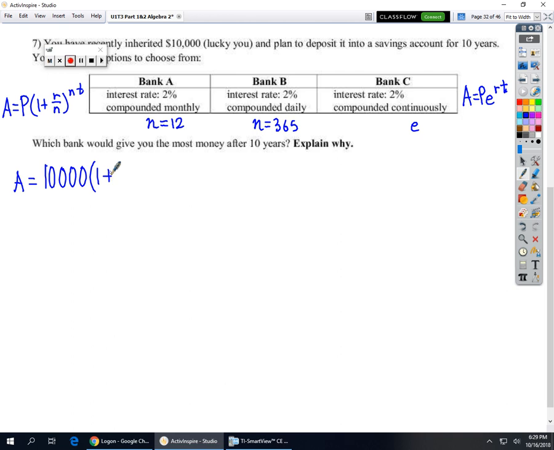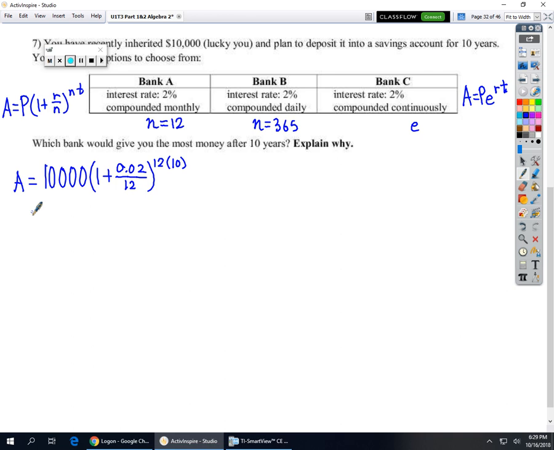1 plus r, the rate is 2%. 2% as a decimal would be 0.02, divided by 12, to the 12, which is your n value, times t. Well, it asks for 10 years. So 10. What we're going to do is find the value for this, find the value for the second one, find the value for the third one, and compare all three.